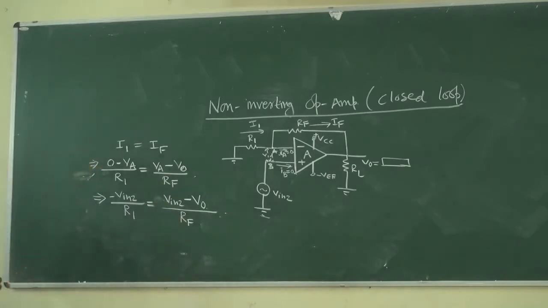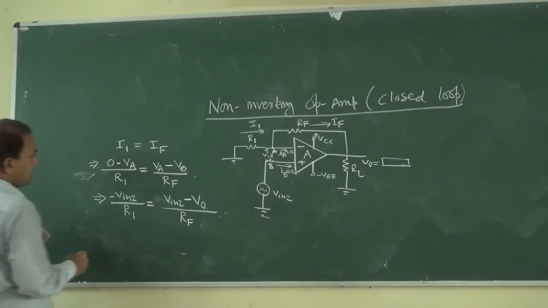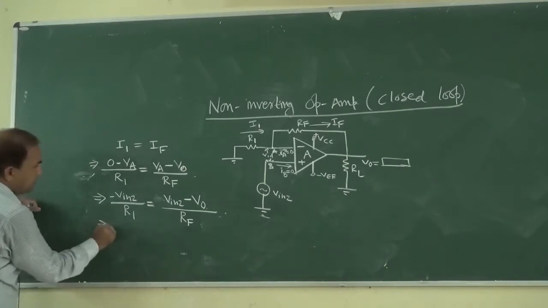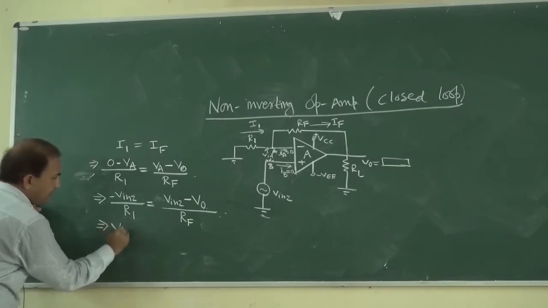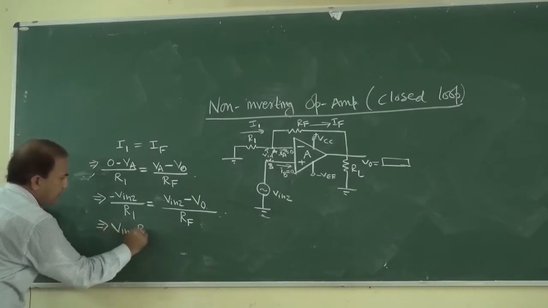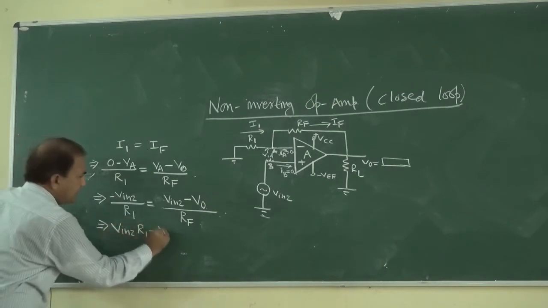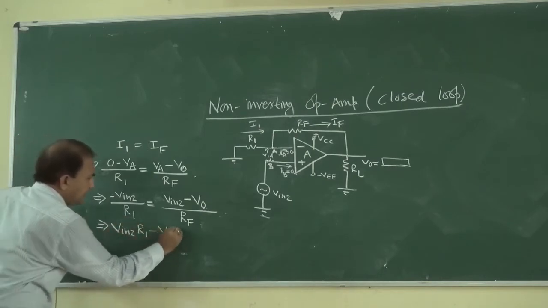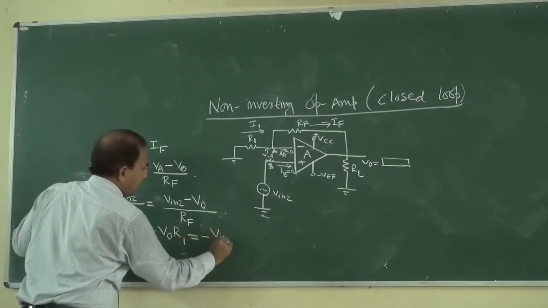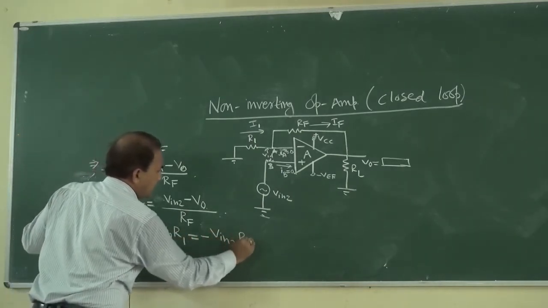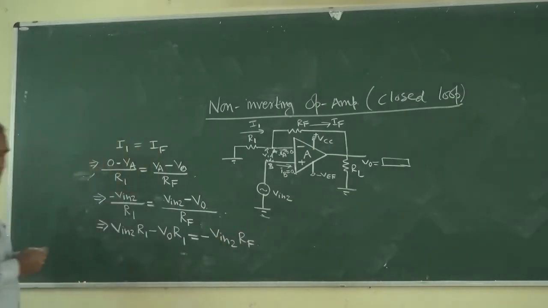You can write this expression as V in into R1 minus V out into R1 is equal to minus V in into RF.